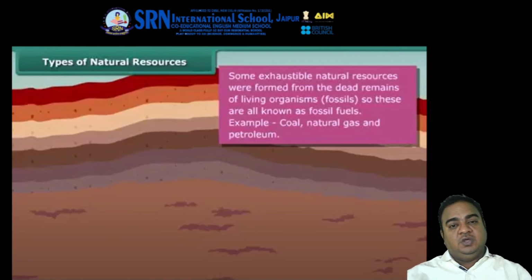Now we know where coal and petroleum came from. Coal was formed from the dead remains of plants which got buried under the earth's crust, and over a period of thousands of years, these plants were converted into rocky particles, that is coal. Petroleum was obtained from the dead remains of sea organisms or animals which got buried under the rocks.